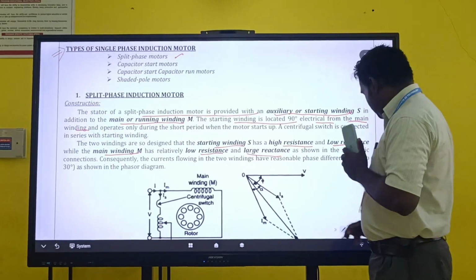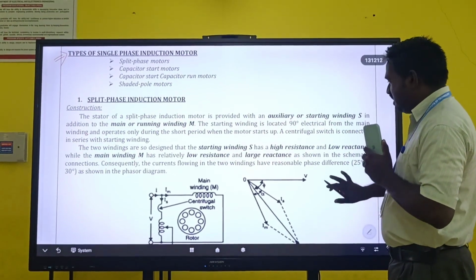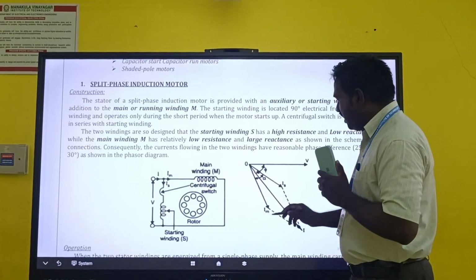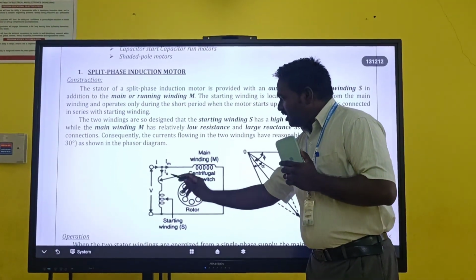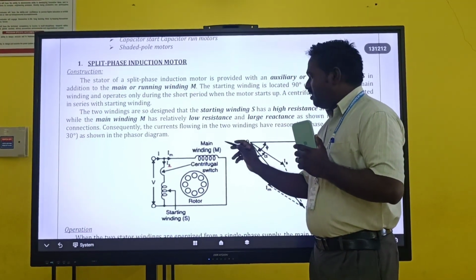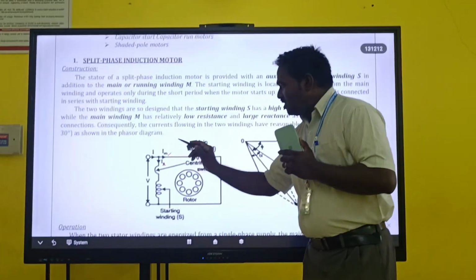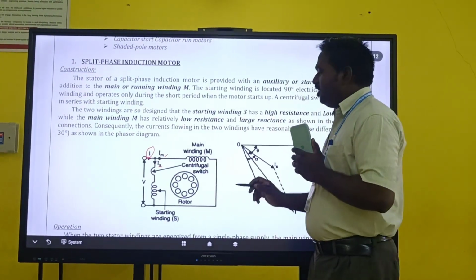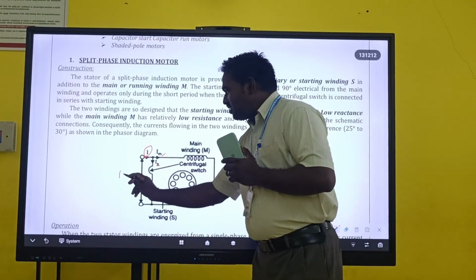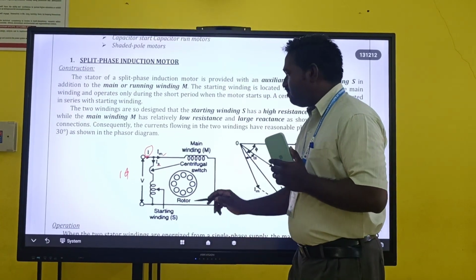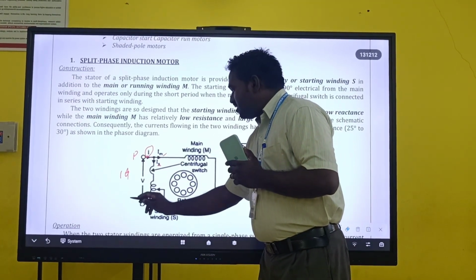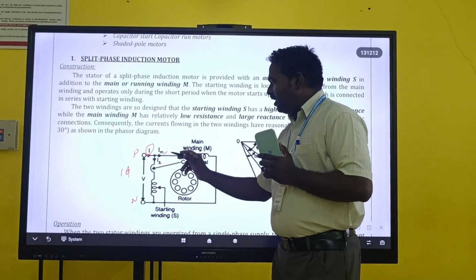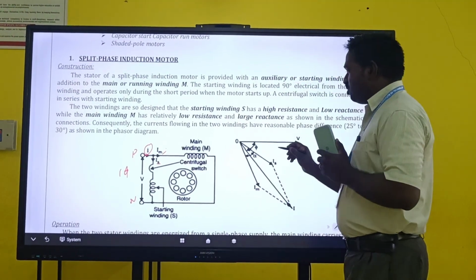So we can say that initially, in the starting winding the current IS is flowing, and in the main winding the current IM is flowing. These are the two derivatives of the main current. Initially a single phase supply is applied at the input side, phase and neutral. This current splits into two different currents, IM and IS.